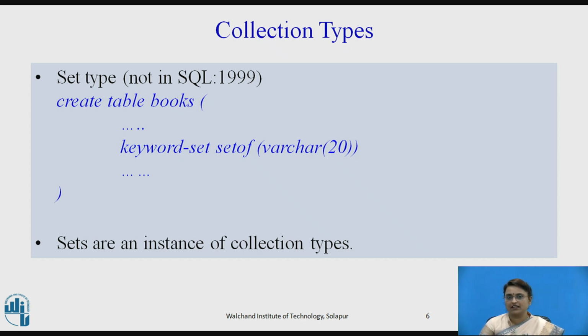There might be multiple keywords, and we cannot decide the number, because one book may have 2 or 3 keywords, and another book may have more or fewer keywords. This is one example of the collection type. Here we have taken the example of set, so set is an instance of this collection type.